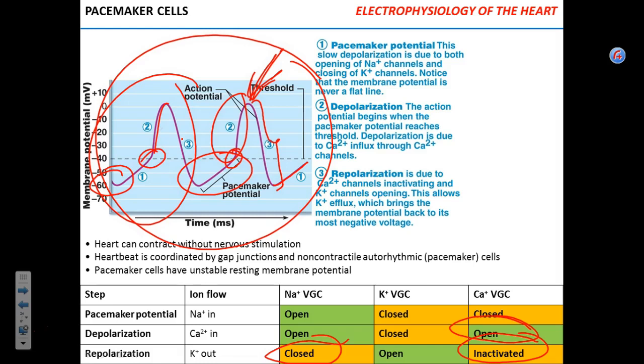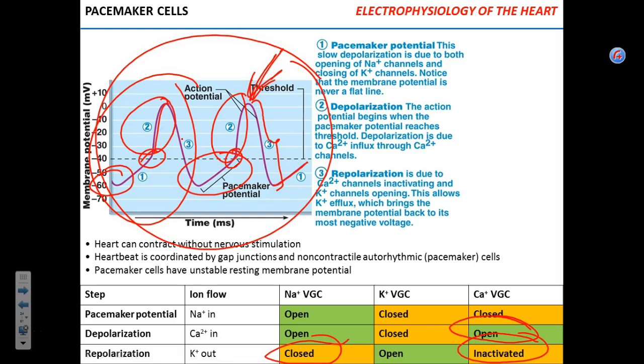So you can see that pacemaker cells have some differences compared to the regular muscle cells. First of all, the actual depolarization is due to which ion? Which ion? It's not sodium, it's calcium, right? Second, look at this.